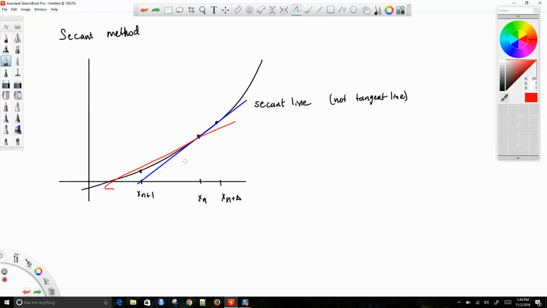Shoot, I need straight line mode. So this runs through these points here. This is now the new secant line. So what this requires is two initial guesses, okay? And this will be x of n plus 2. So you need two initial guesses.